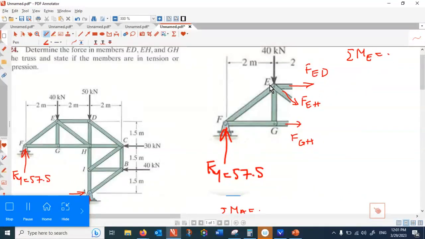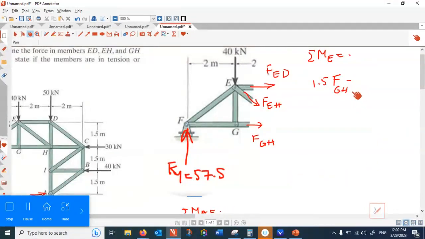So that takes care of three forces here, and then I have FGH making a positive rotation, and the arm of rotation for that is 1.5. And Fy makes a negative rotation, that is minus 57.5, and arm of rotation is 2.